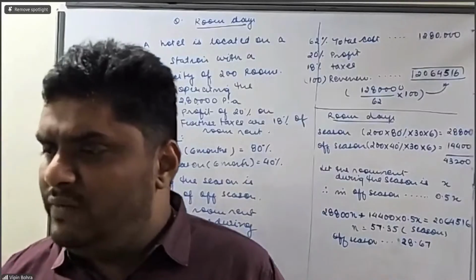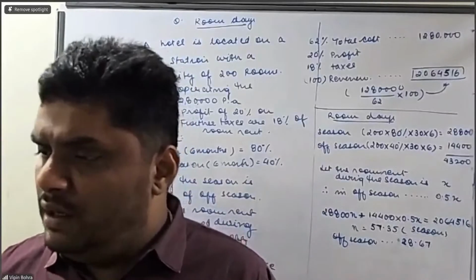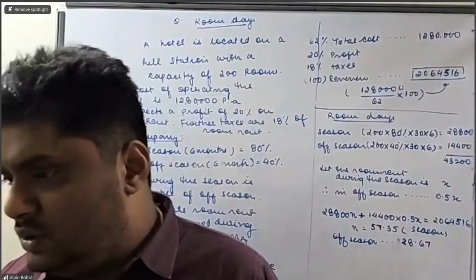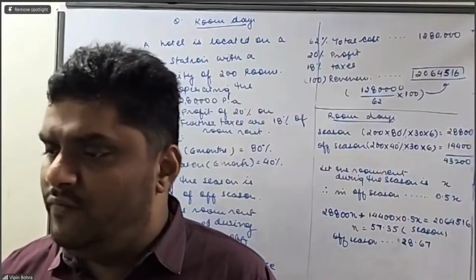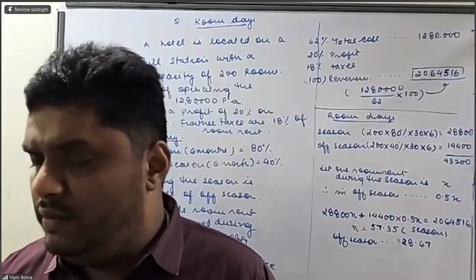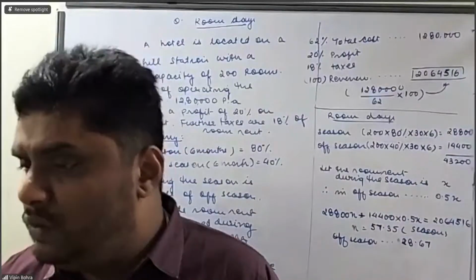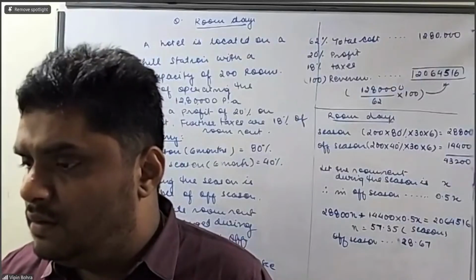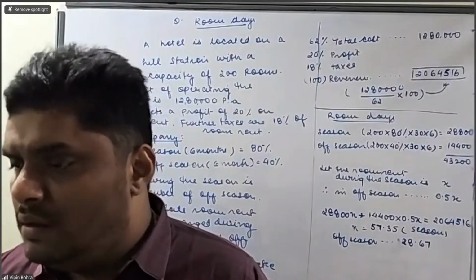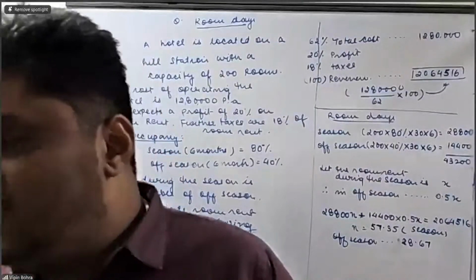See, whenever you find these types of questions, assume X. This is the best way to solve the question. Though I have not yet read the question, you have to calculate the equivalent number of vehicles. Like we calculated equivalent room days here, follow the same approach.